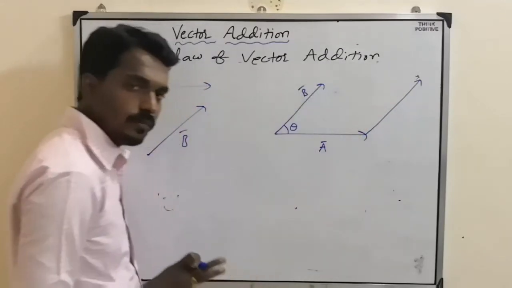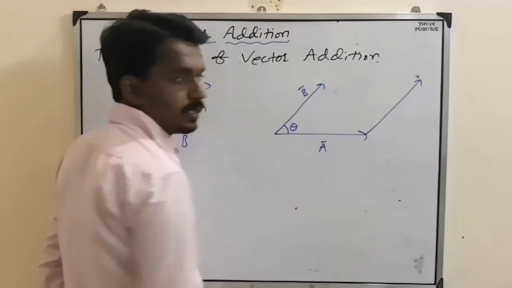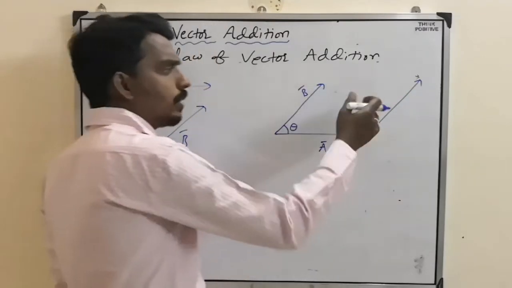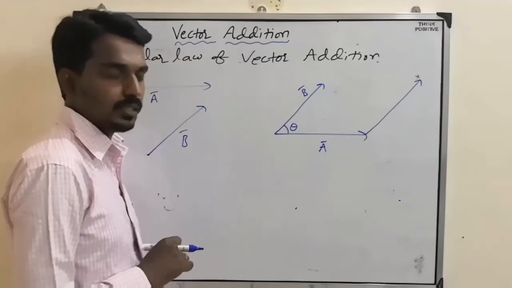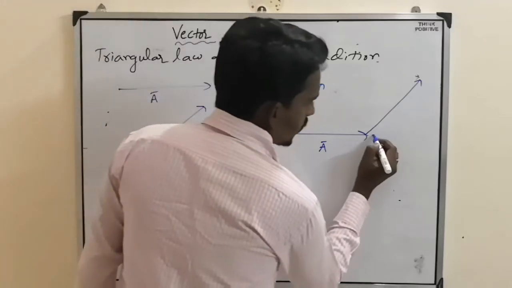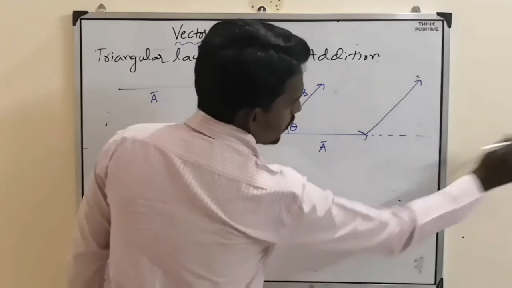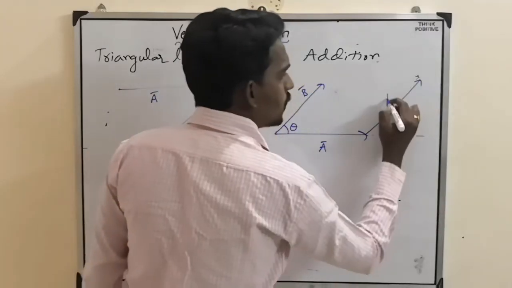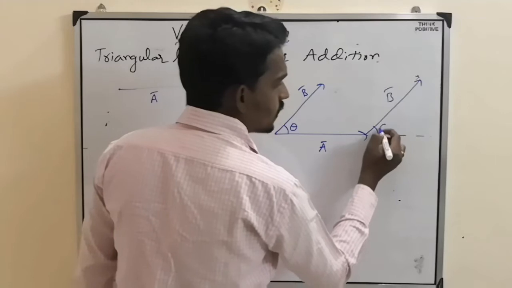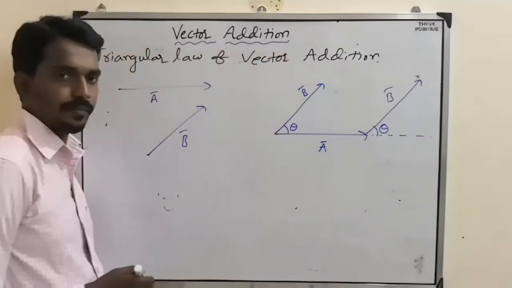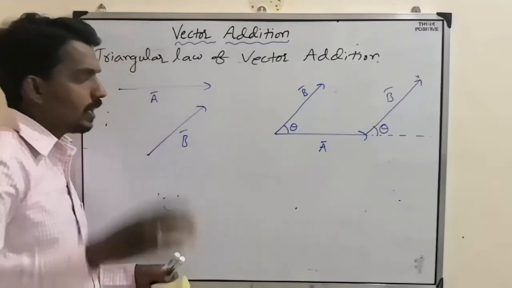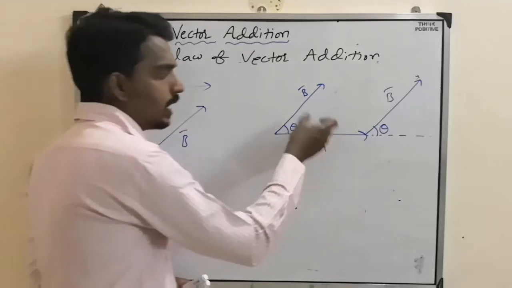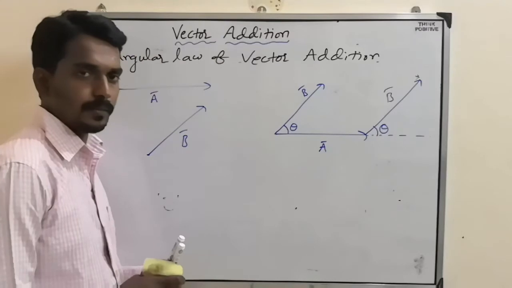Direction must be the same and magnitude must be the same. Then you can draw one vector anywhere in the same plane. Now, if you extend this, this is A bar direction, this is B bar direction, this is the angle between them. So, this is the way you can find the angle between two vectors.